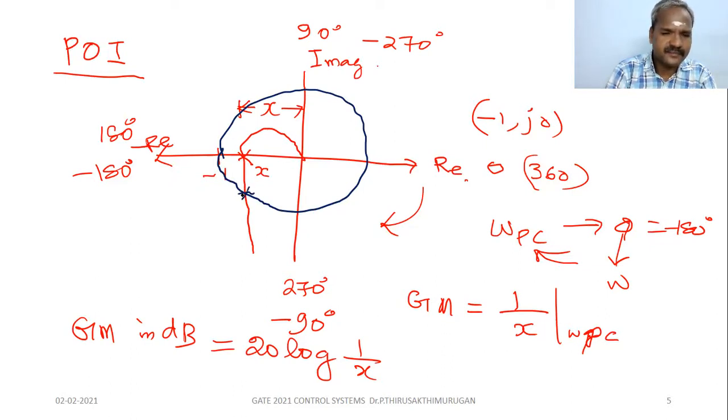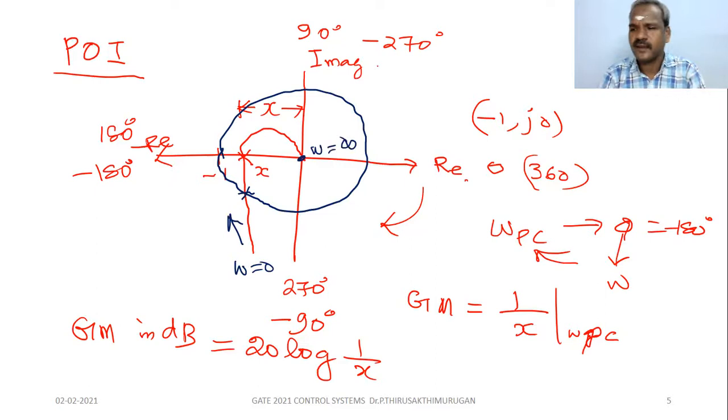This point is omega equal to 0, and this is increasing. At this end, omega equal to infinity normally. So this point is omega PC, because the angle at this point is minus 180 degree.